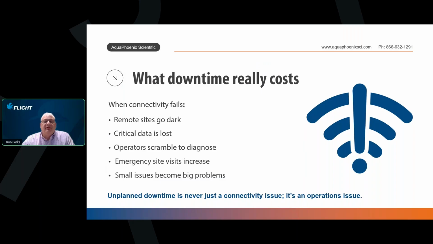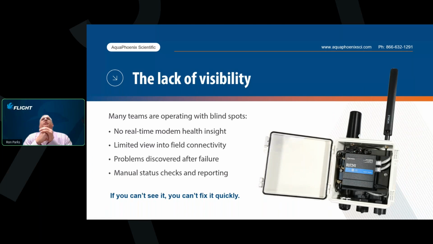So the other side of the coin from downtime is visibility into remote locations. You're operating with blind spots, right? Many teams are operating with blind spots. They're missing that single pane of glass that allows you to have a view into all of your equipment. Or there's no dedicated oversight. Who's watching all this equipment, right? Are you just hoping that it stays online? So there's no real-time modem health.